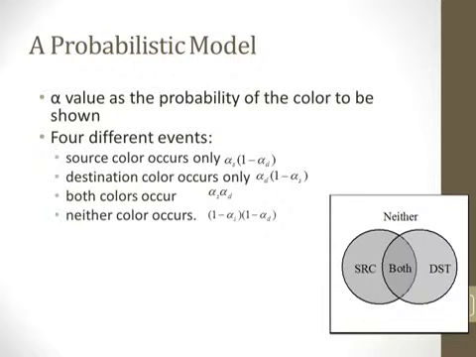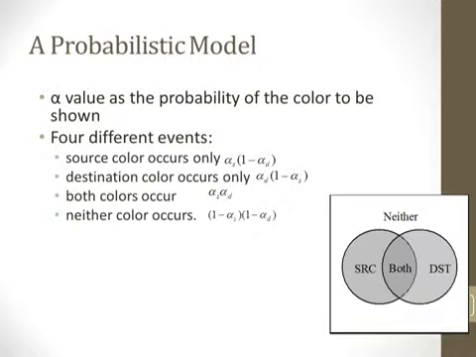A compositing rule simply decides whether to retain a color when the color occurs. In the source color only event, a rule can choose to retain the source color or to omit it. In the destination color only event, the destination color can be selected or omitted. In the both colors event, a rule can choose the source color, the destination color, or no color.